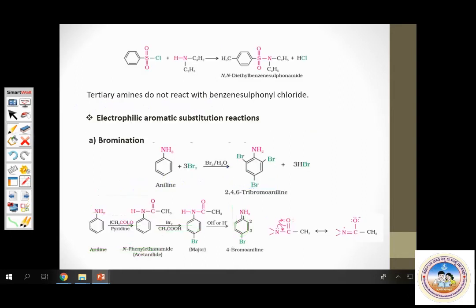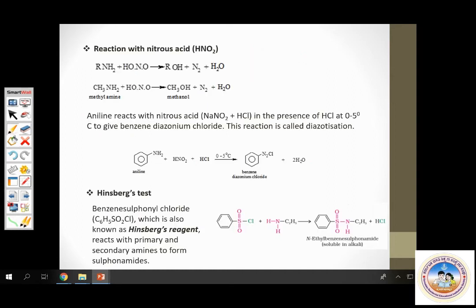Okay, next. With primary amines, you get a compound soluble in alkali. For a primary amine, the precipitate formed is soluble in alkali. Now let us see what happens for a secondary amine.